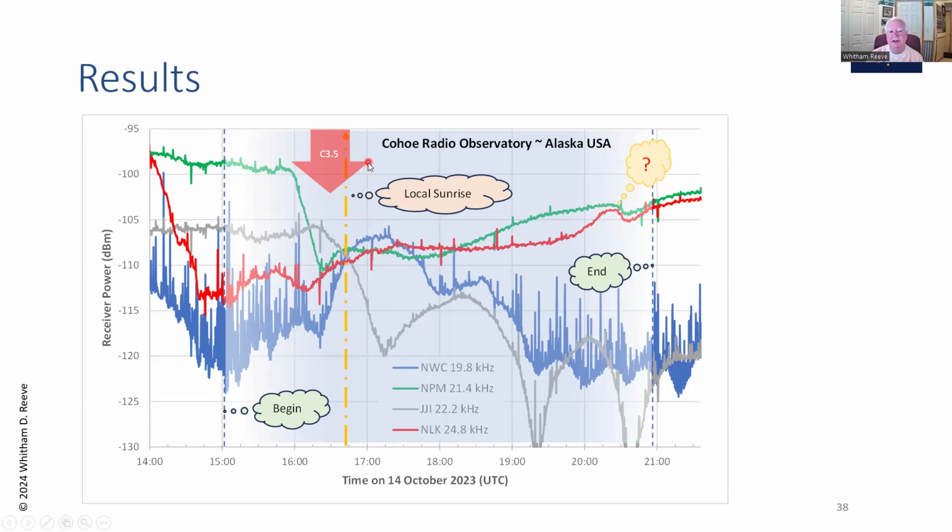There was a C3.5 solar flare that happened just before sunrise at Coho, and I've placed an arrow that shows that. And if you look at these, you'll notice that there's some little burble over here on the right. I don't know what that is, but I'll talk about that in a little more detail as we go through each of these plots.